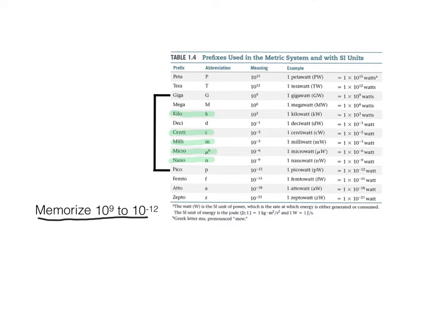Although when you think about your internet speed, we talk about gigahertz, which tells you that it's 1 times 10 to the 9th hertz, or a lot of hertz. So you want to memorize these. And so your goal is to be able to convert different units to something else.